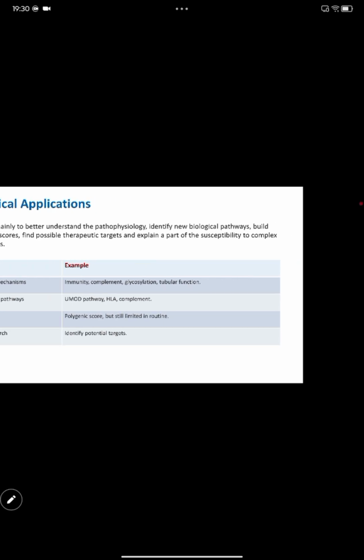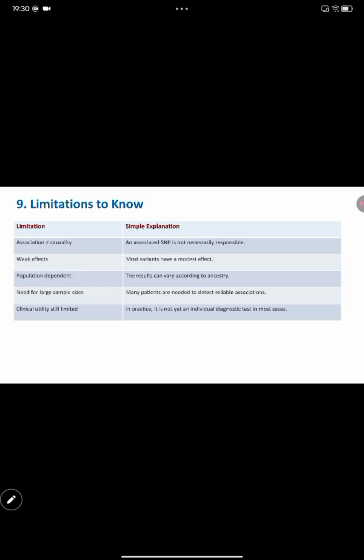But sadly it has some limitations which are important to keep in mind. For example, association does not equal causality, and an associated SNP is not necessarily the one responsible for the disease, and most variants have only small, modest effects.